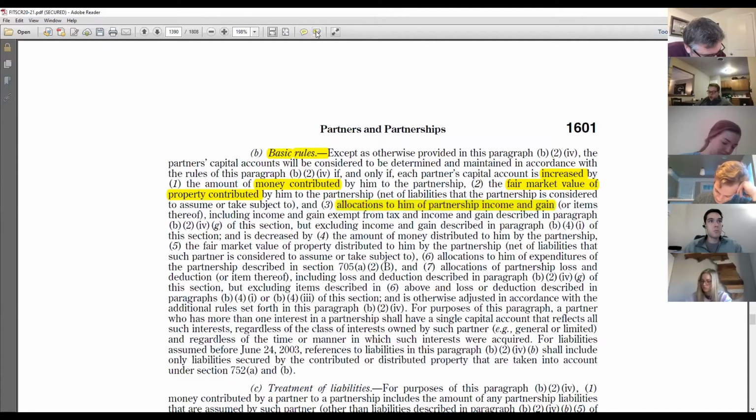So say you're allocated income and gain, including tax-exempt income and gain. Then your capital account goes up. And then your capital account goes down, is decreased, by distributions of cash, and down by the fair market value of property distributed to you by the partnership.